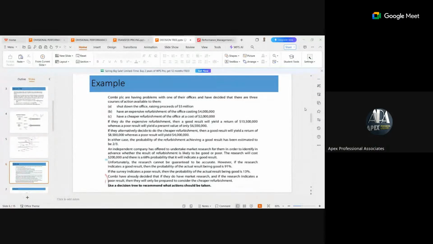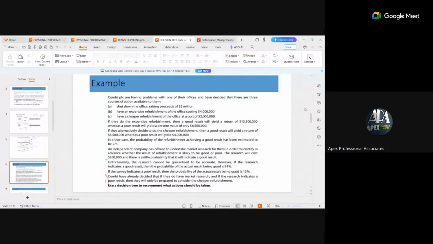Now, looking at this question, if they engage in expensive refurbishment, they will incur 4 million. Then a good result: in relation to expensive refurbishment, they have 2 chances.